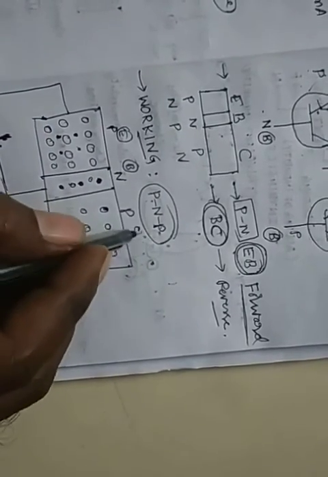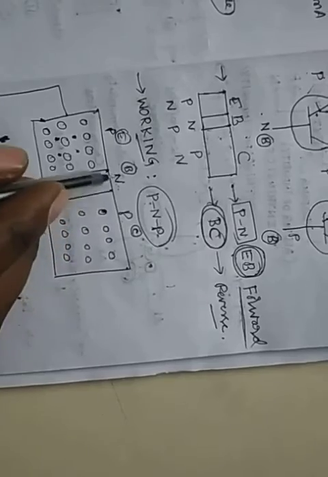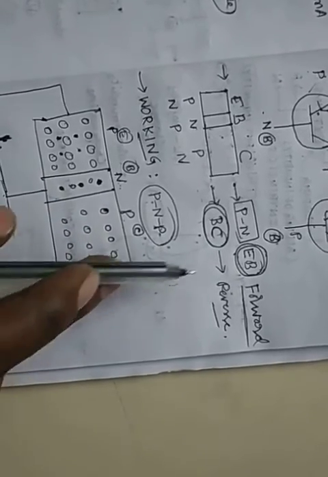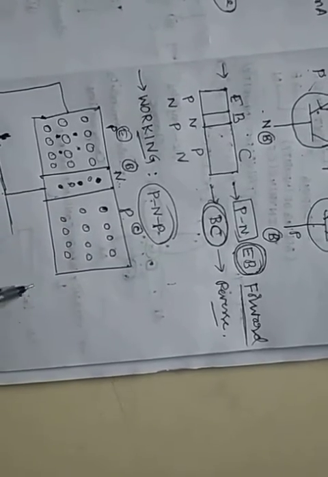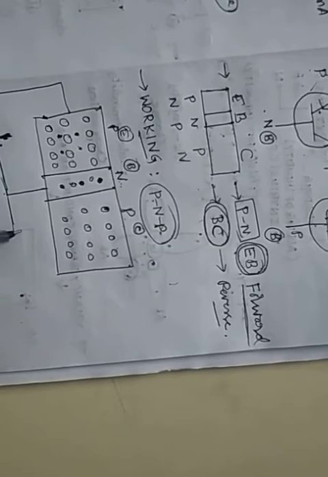This is the collector. The collector base junction should be in reverse bias. For that, the N-type is connected to the positive terminal of the battery and the p-type is connected to the negative terminal of the battery, and then it is in reverse biased condition.